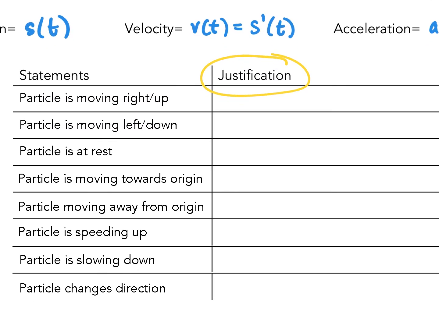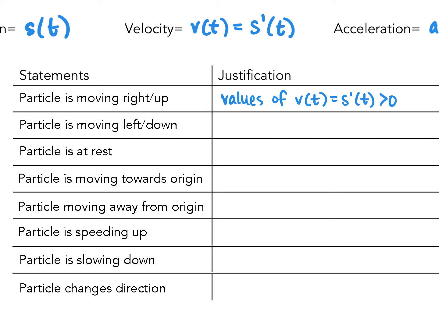So if the particle is moving to the right, that is when the values of the velocity are positive. So don't say because it is positive, specify that the values of v of t being equal to s prime of t are greater than 0.